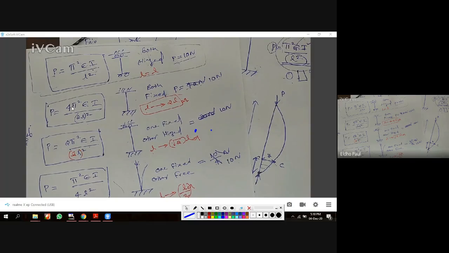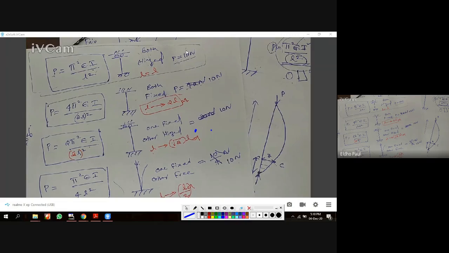This is the original column length L, and we have an equivalent length column of same material and cross section with the hinged ends having the value of crippling load equal to the given column.